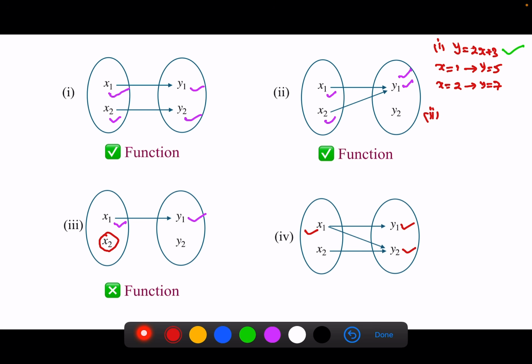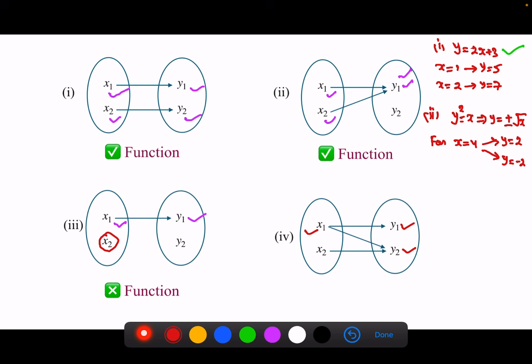Second example, if y square equal to x, this implies that y equal to plus minus root x. So for x equal to 4, there are two values of y, y equal to plus 2 and y equal to minus 2.